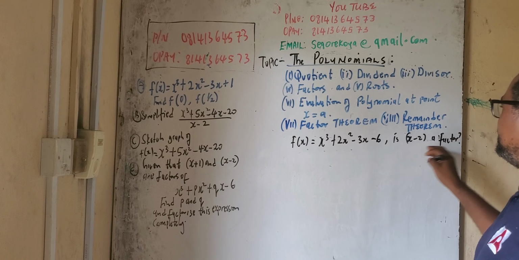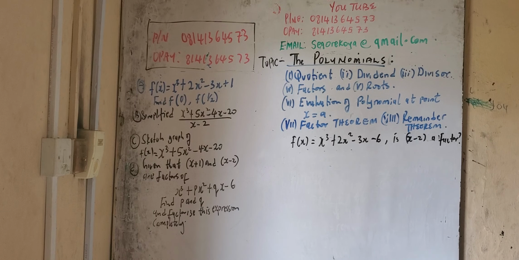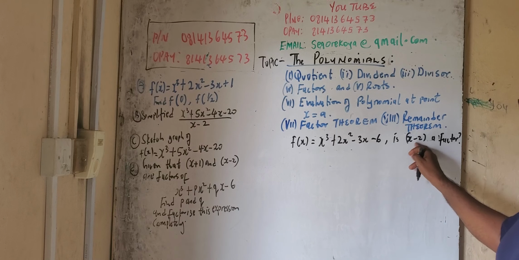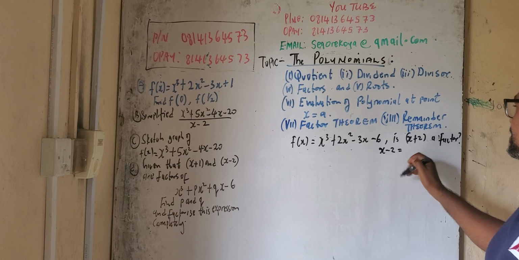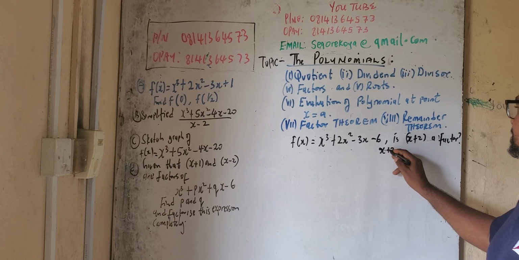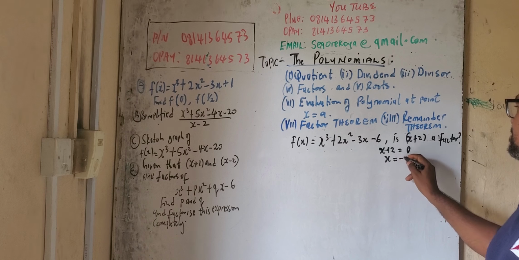If we just say, is this particular expression a factor of this, we can use the factor theorem or the remainder theorem to solve it. So set this x minus 2. Let's say x plus 2, sorry. Set this x plus 2 to 0 here. So x will now be minus 2.